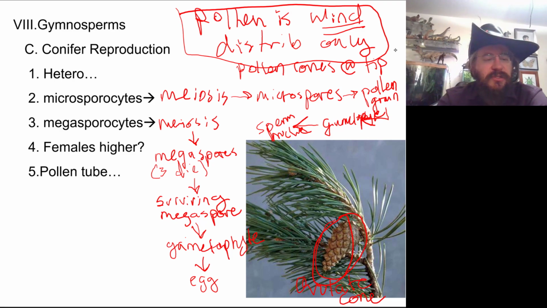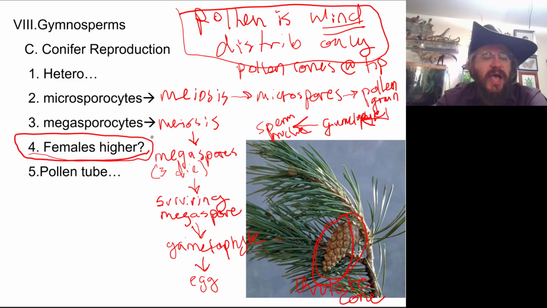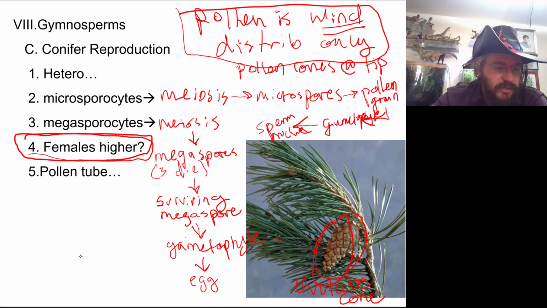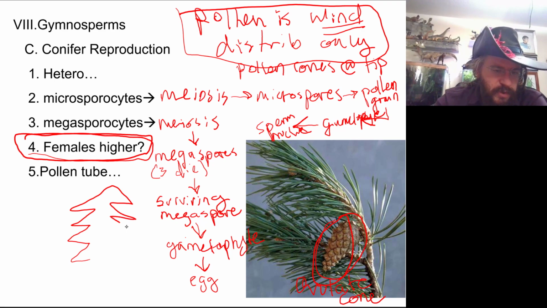The second question: ovulate cones tend to be higher in the tree than staminate cones. Nice drawing. Okay.